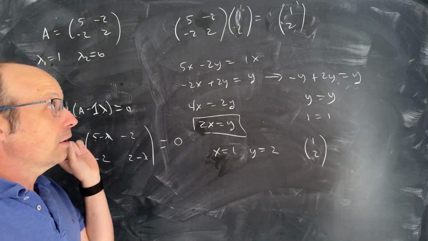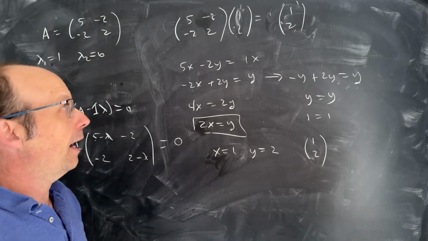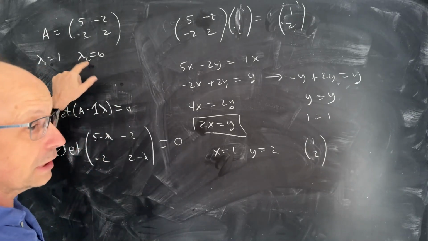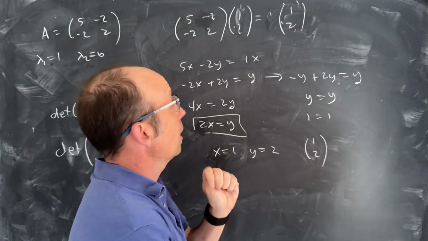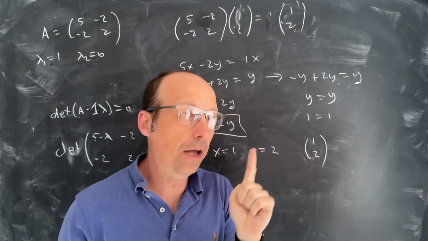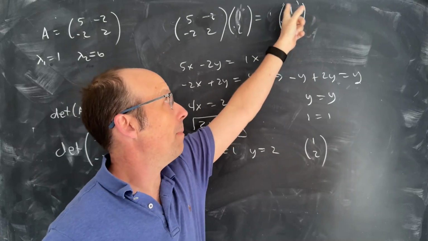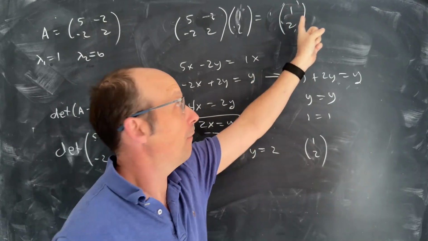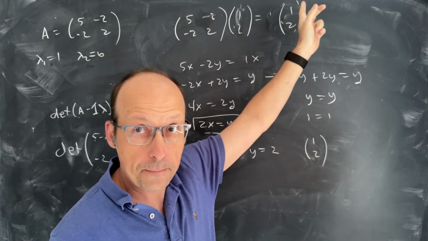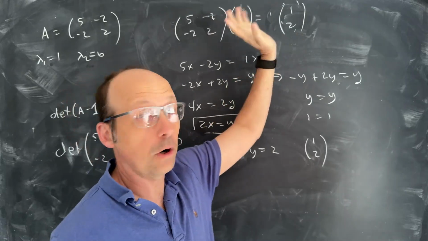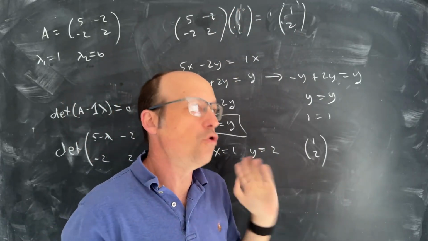Now, to find the next eigenvector and value, I would just use the other lambda. I'm not going to do that. But the other thing I should point out is that this doesn't really matter. I can multiply it by any number. If I use 2, 4, it would still work. So what we would do is normalize this.